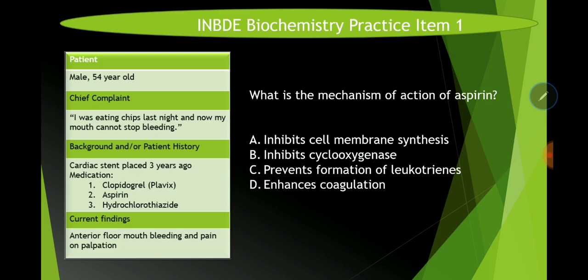The patient has a past medical history of cardiac stent placement 3 years ago, and currently he takes clopidogrel, which is Plavix, aspirin, and hydrochlorothiazide. You do an exam and you find that there's anterior floor of the mouth bleeding and pain on palpation.